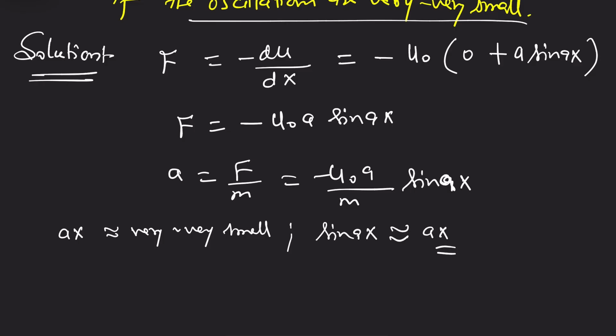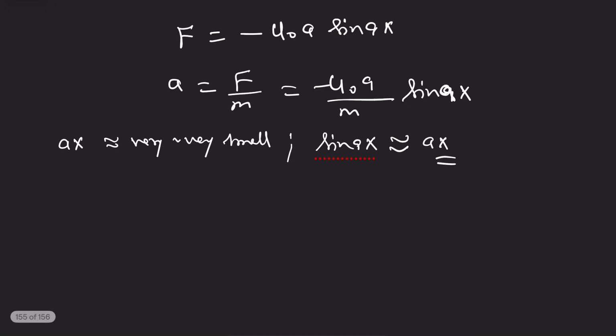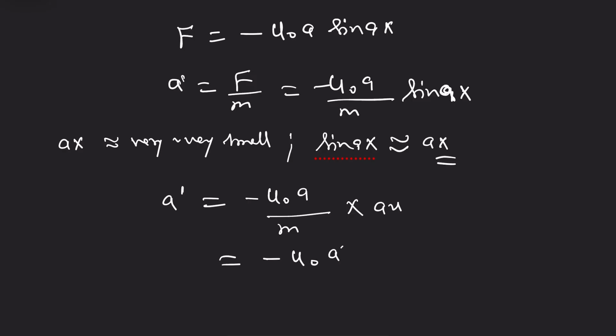If I do this, I can say acceleration, let's say a dash, is equal to minus U naught a divided by m into ax. So it becomes minus U naught a square by m into x.